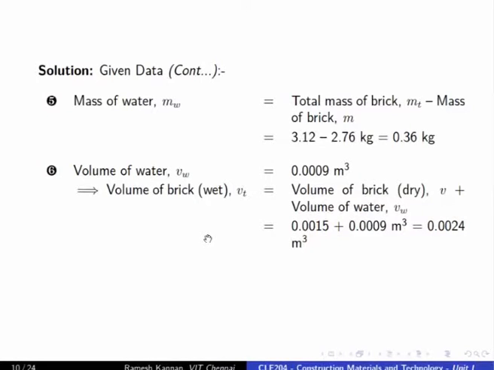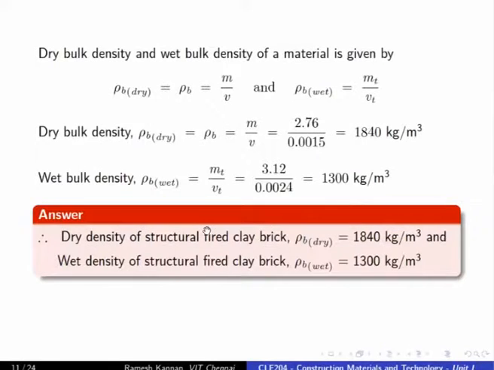And the next is the bulk density calculation. Dry bulk density and wet bulk density, as we know, is represented as mass over volume, and for wet bulk density it is total mass divided by total volume. Dry bulk density is the mass over volume. This is the initial mass 2.76 divided by the volume of the brick in the dry state, which is 1840 kilogram per meter cube.